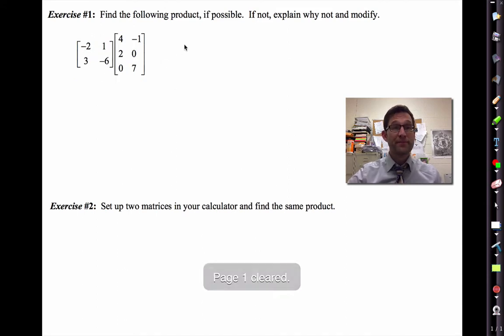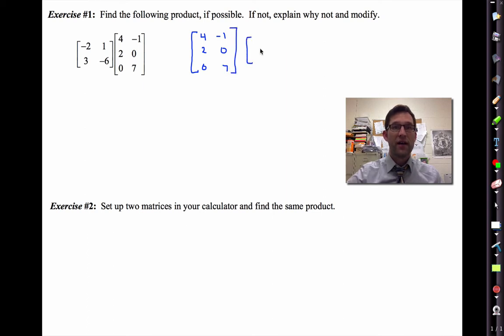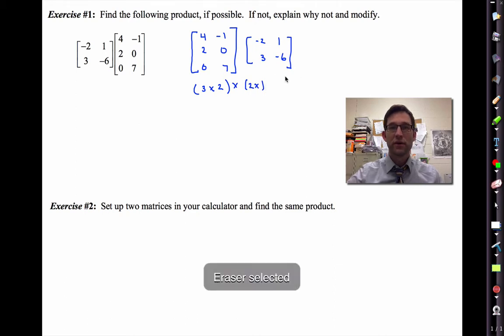But if I flip-flopped them, if I had 4, -1, 2, 0, 0, 7, and then -2, 1, 3, -6, well, now I can actually find this product because this is now a 3 by 2 multiplying a 2 by 2.